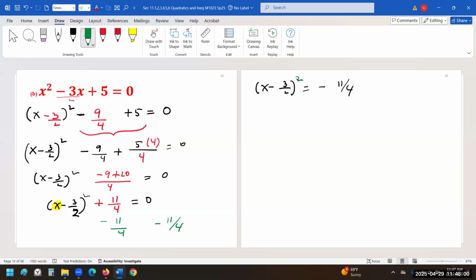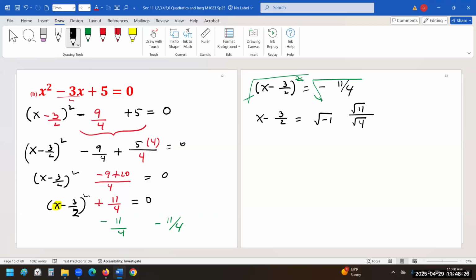Next problem is the square, so we take the square root. The square root cancels out. We have x minus 3/2. And just like the previous one, we have square root of -1, square root of 11 over square root of 4.